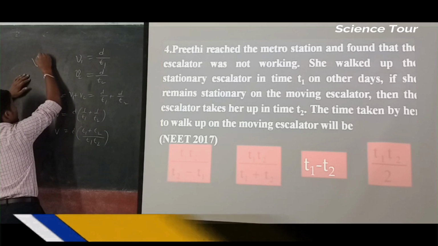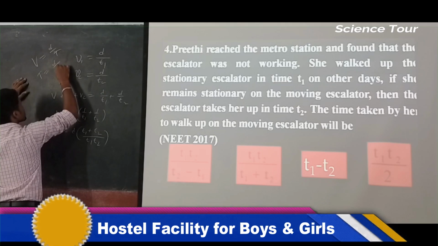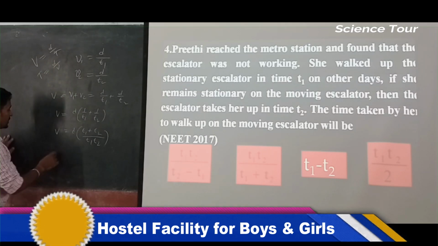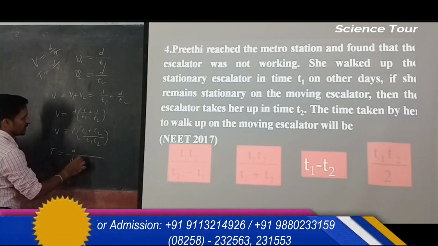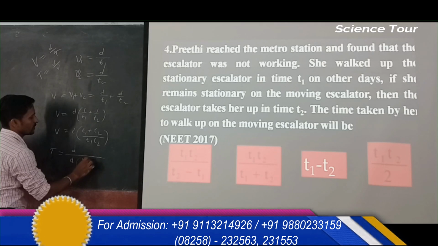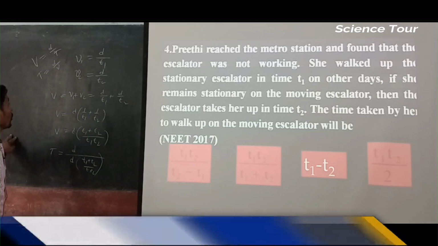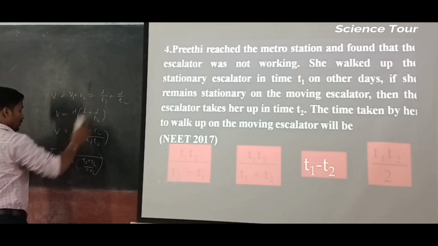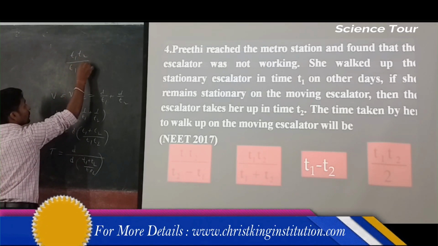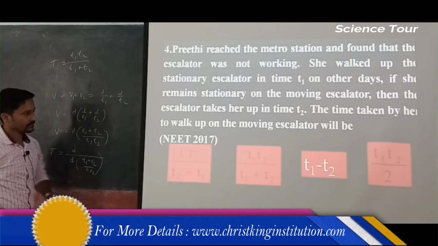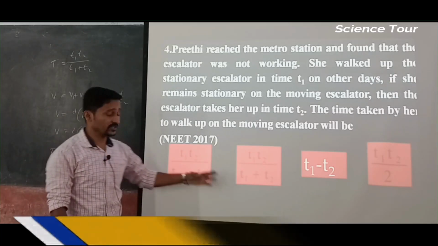But we know that velocity is equal to displacement by time, so time is equal to displacement by velocity, d into t1 plus t2 divided by t1 t2, d cancels. I take the reciprocal of this, that is t1 t2 divided by t1 plus t2, that is the time. So t1 t2 divided by t1 plus t2, option is B.